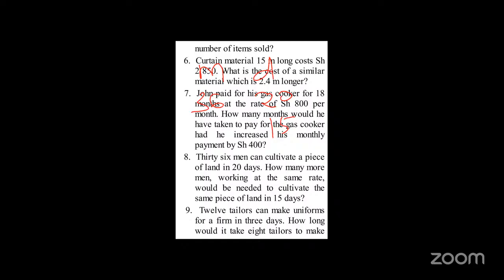But now when the number of days decreases, it means that it's going to cause a corresponding increase in number of men. So we are going to use the ratio increase, whereby the ratio increase itakuwa ni 20:15.